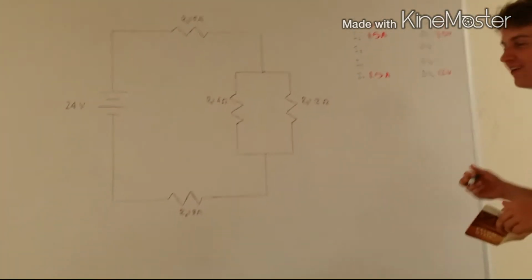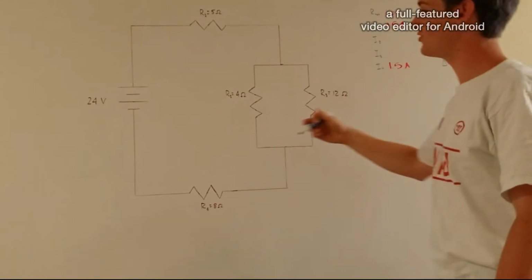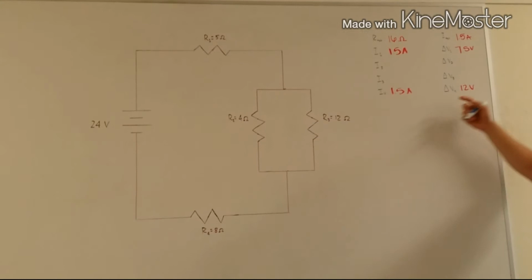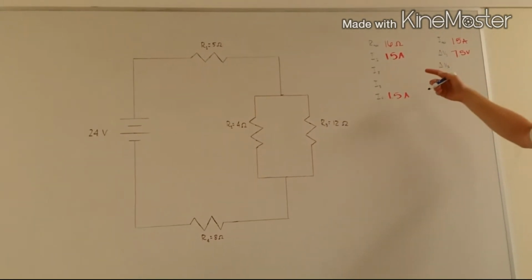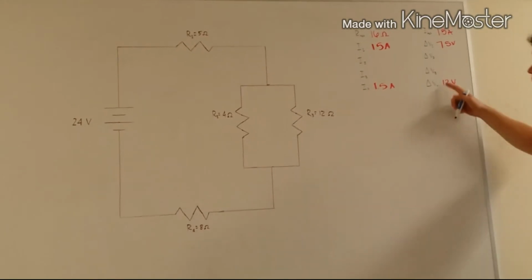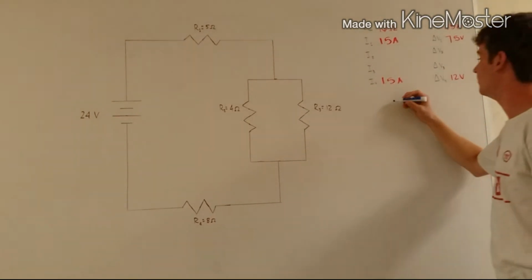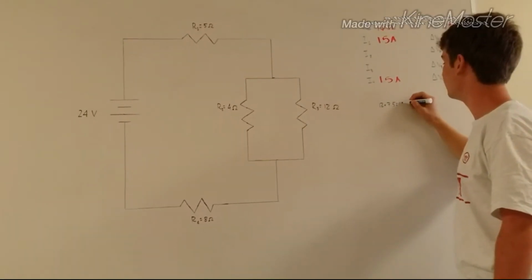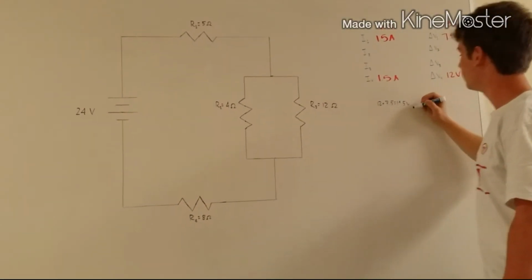Okay, so we know the total voltage of the circuit is 24 volts, and we just calculated the electric potential difference across the first resistor and the fourth resistor to be 7.5 and 12 respectively, and 12 plus 7.5 is equal to 19.5 volts.